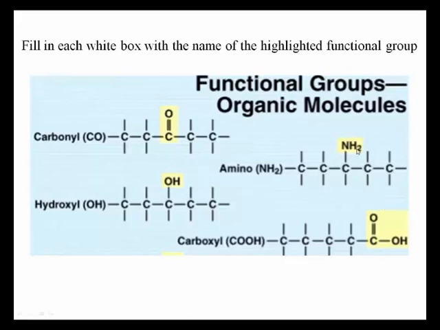Now notice that they're not ionized. You can see the carboxyl group and the amino group in 2 ways. I showed you both the unionized and the ionized form earlier. This particular picture shows them unionized, so this one hasn't lost the hydrogen to become negatively charged, and this one hasn't picked up hydrogen. But in the earlier slides, I showed you both forms, and they both mean the same functional group.